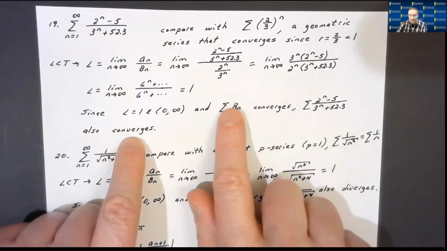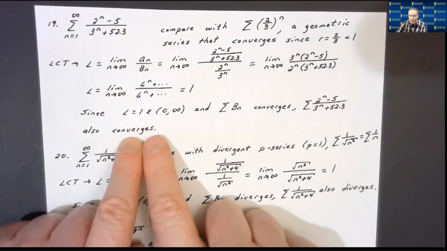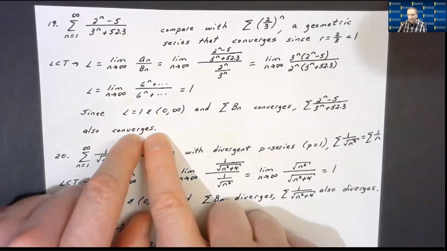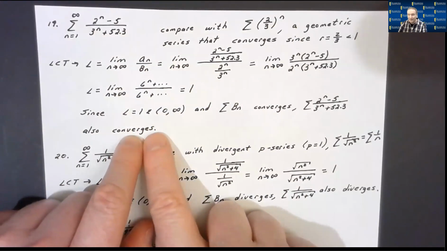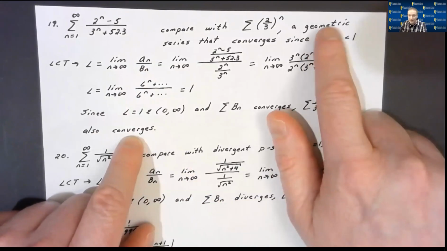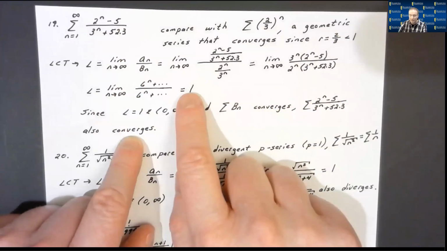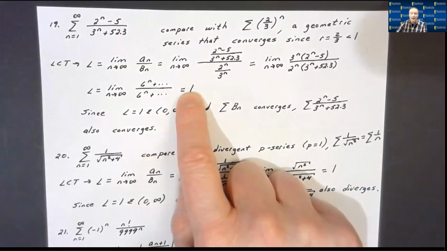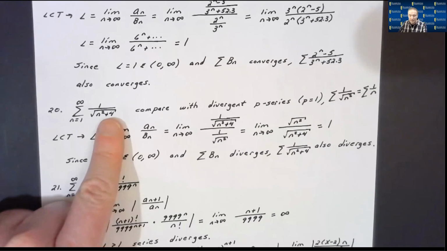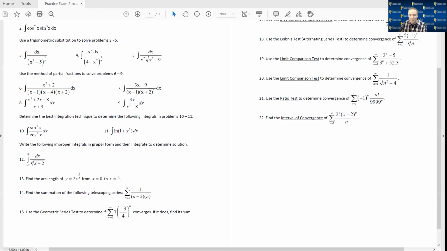Now, if my series B sub n had been a divergent series, then this would also diverge, because if you're a constant multiple of something that doesn't have an answer, then you also do not have an answer. So whatever happens to the series that I understand also happens to this series, if it's just some constant multiple of it.